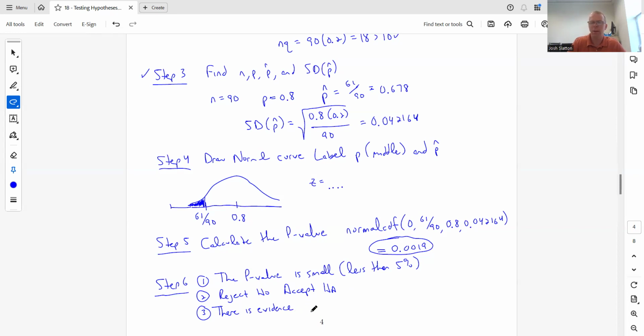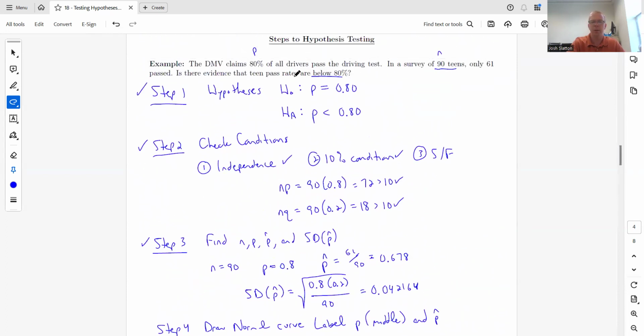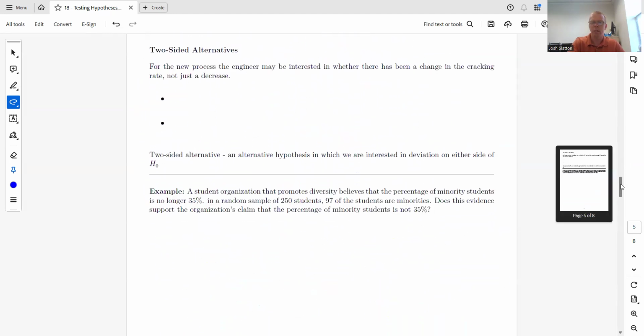Now you're basically just restating the question here. So the question was, is there evidence that teen pass rates are below 80%? Since our p-value is small, there is evidence teen pass rates are below. So we're basically just restating that question.